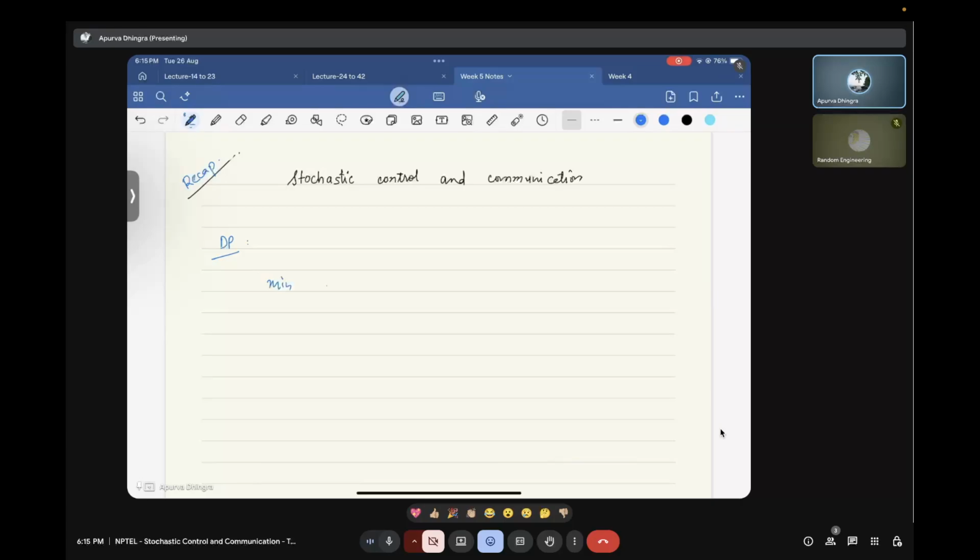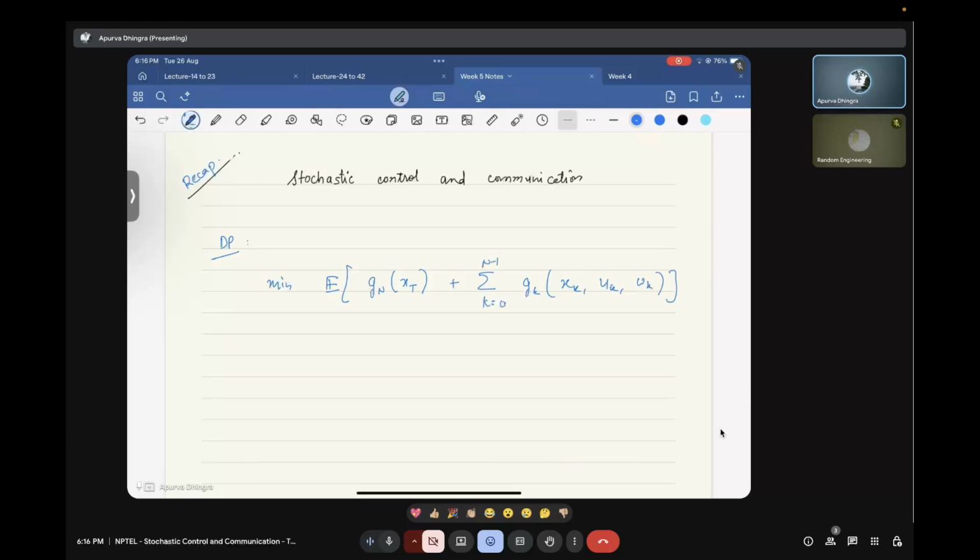So if it was a minimization of, there is some gn of xn, let me write it as xt, could be running from 0 till n minus 1.